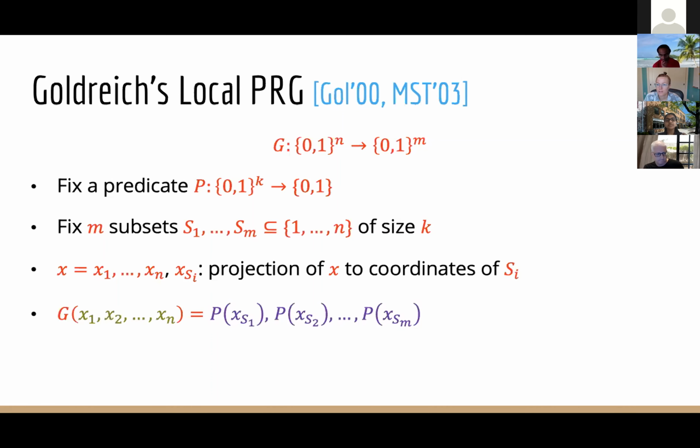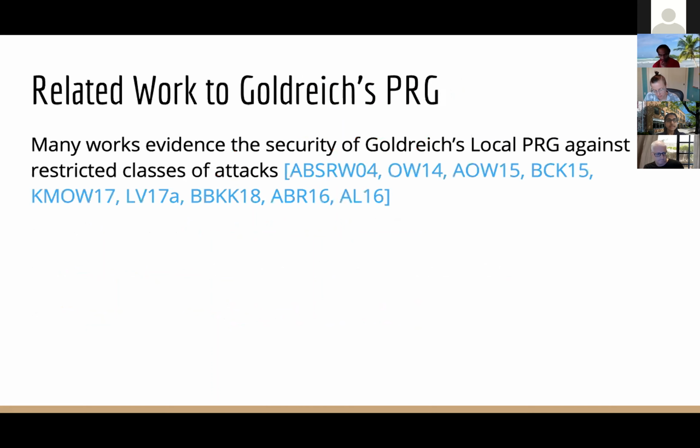And these limited resources can be defined under various restricted classes. And there have been many works evidencing the security of Goldreich's local PRG against restricted classes of attacks. And these classes of attacks mostly are motivated from proving security against time-bounded adversaries. And the focus of this talk is to prove security against memory-bounded adversaries.